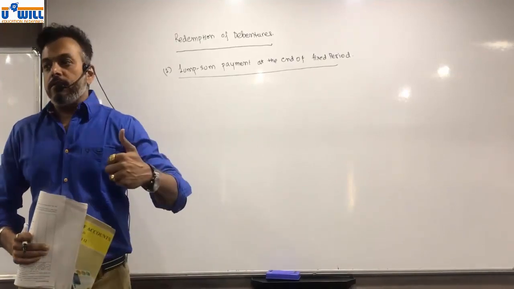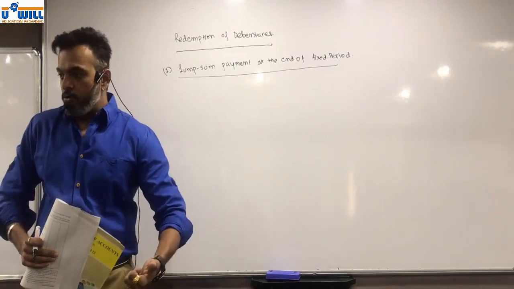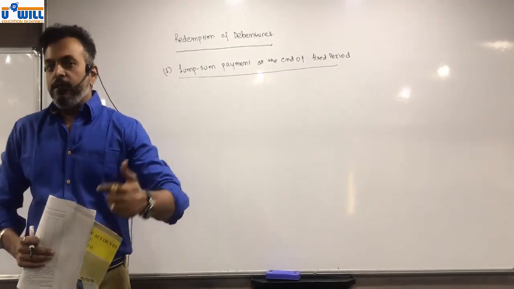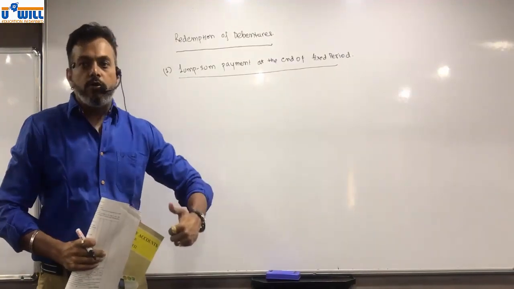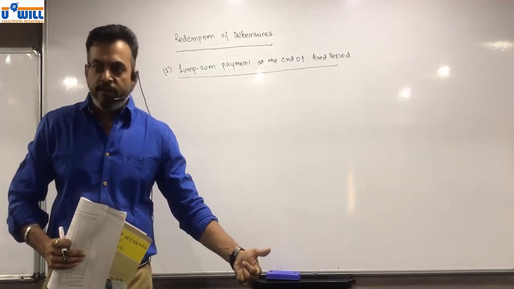So during the tenure of 5 years, you are not paying anything back to the debenture holder. At one point of time, at the end of 5 years, lump sum एक साथ तुम ये पूरा 1 crore debenture holders को वापस दे दो. समझ में आया what is lump sum?